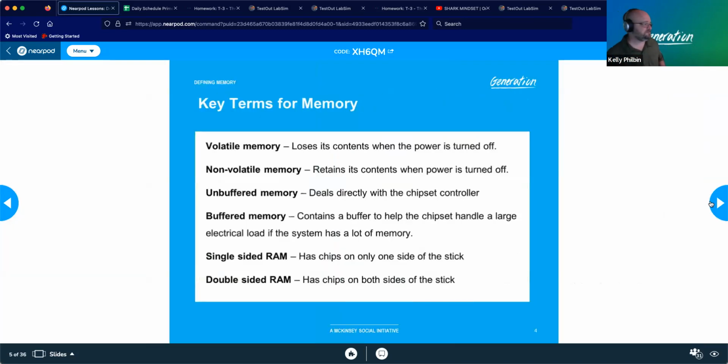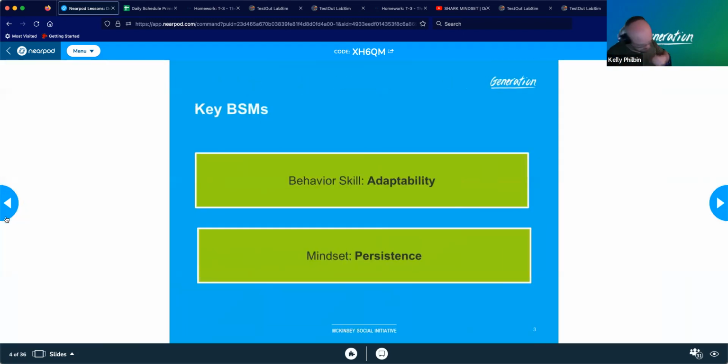All right. Go back here one page really quick. LJ, when I use the word volatile, what does this word make you think of? Volatile.